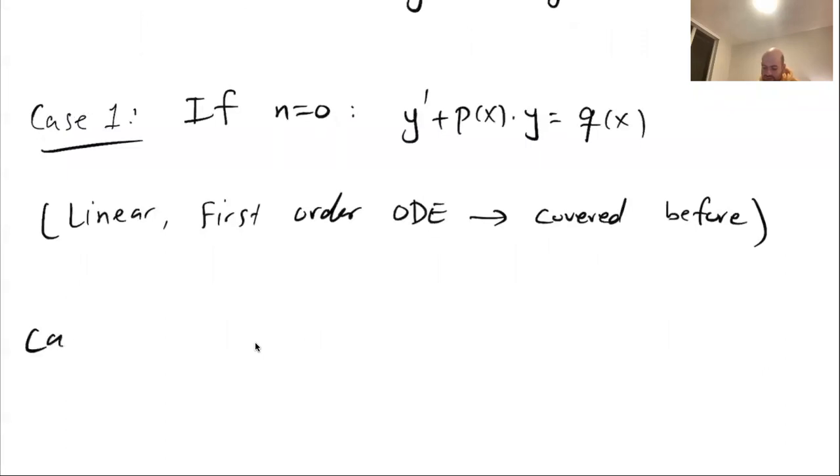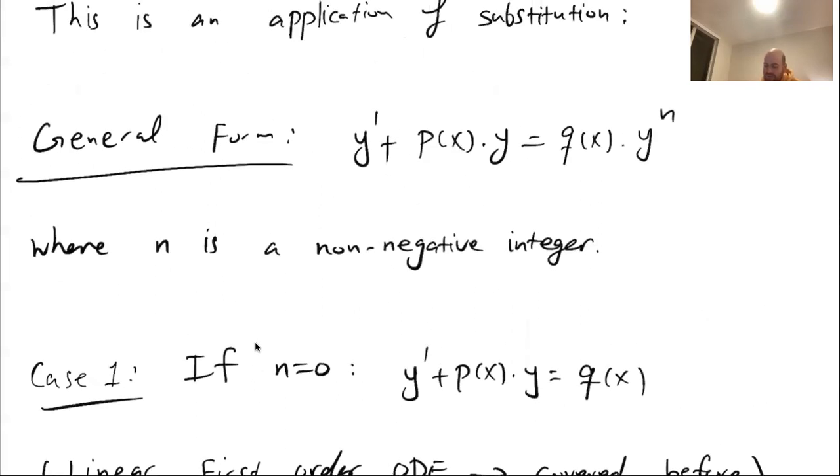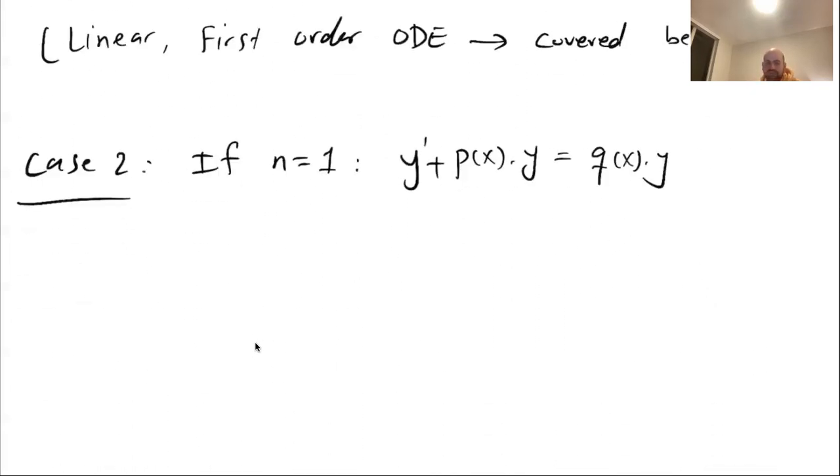So case 2, if n equals 1, then we'll have y prime plus p of x times y equals q of x times y, right? N is 1, so the right-hand side becomes q of x times y.